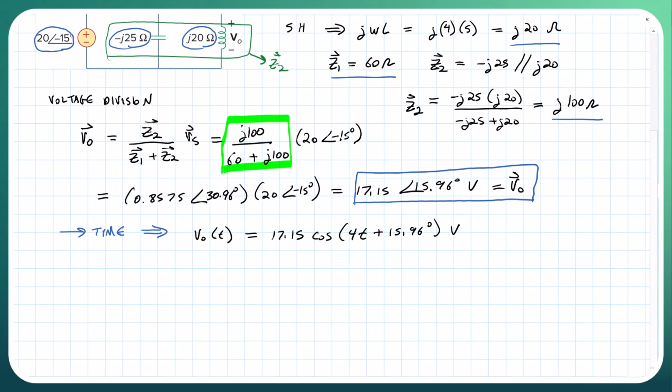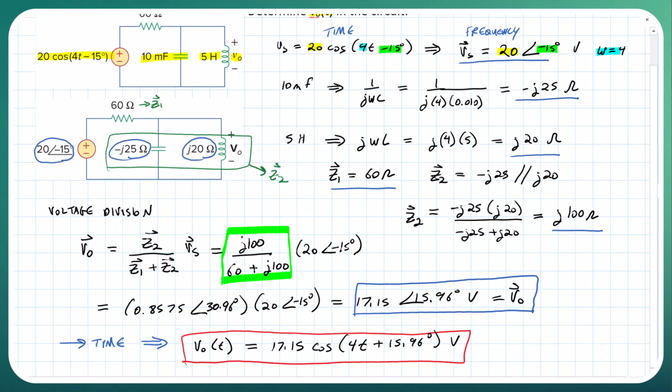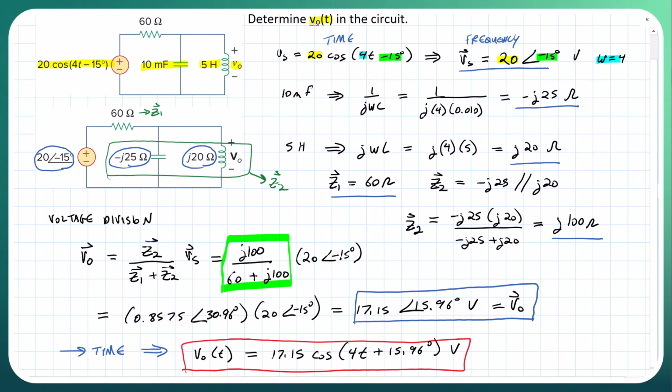That's our final answer in time domain. Let's scroll up. So this was our circuit, and this is how we determine V of t in the circuit.